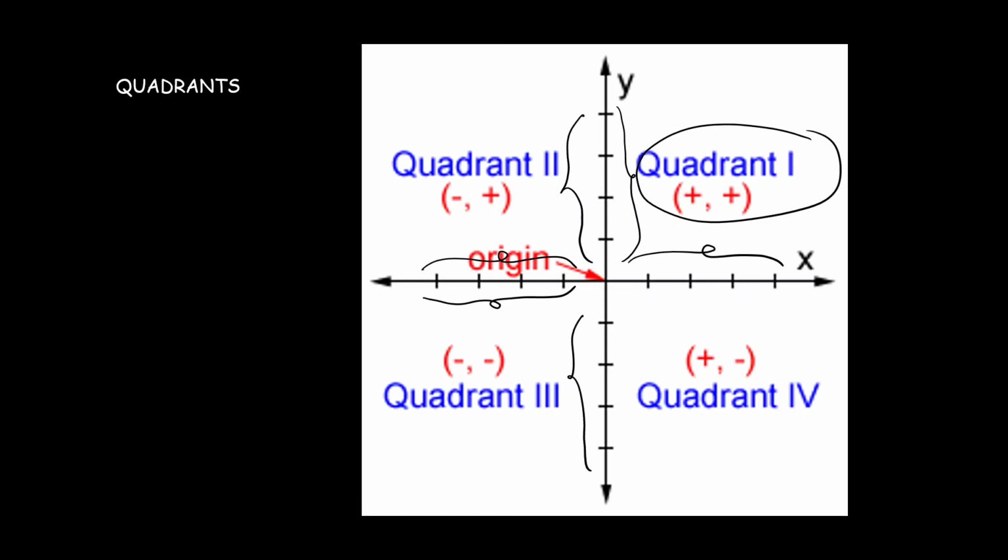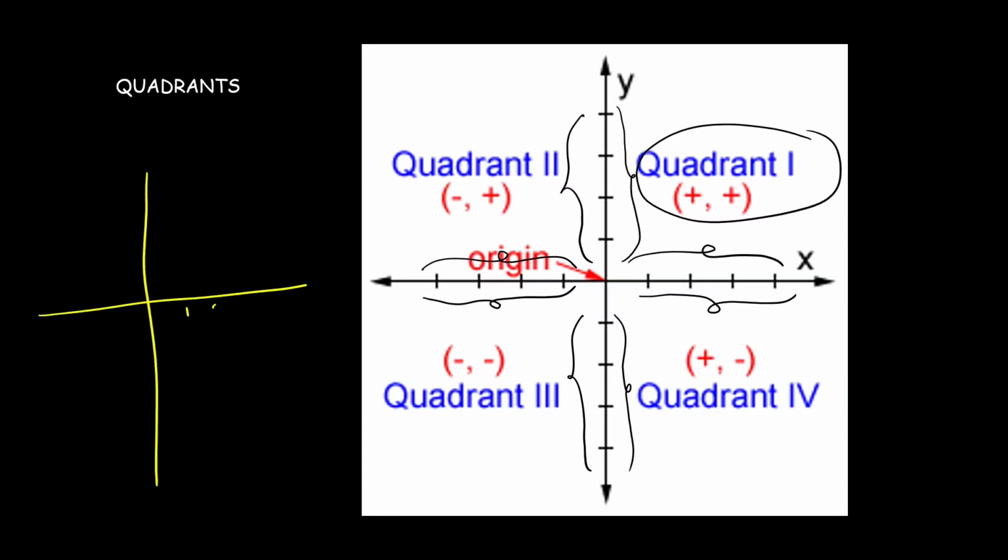In quadrant 4, x is positive and y is negative. Here is our 0, the origin. So again, here is quadrant 1, quadrant 2, quadrant 3, and lastly quadrant 4.